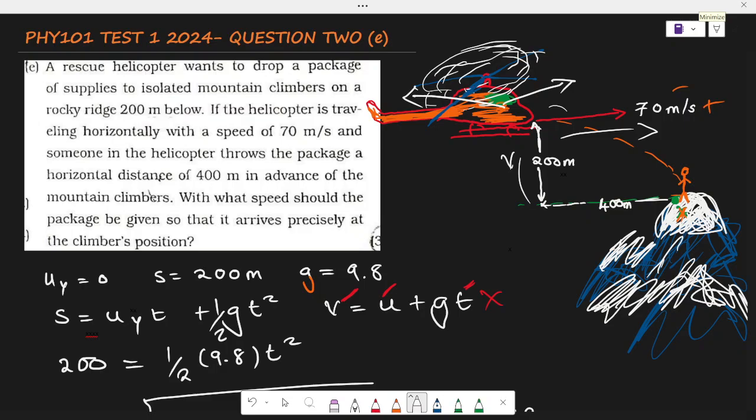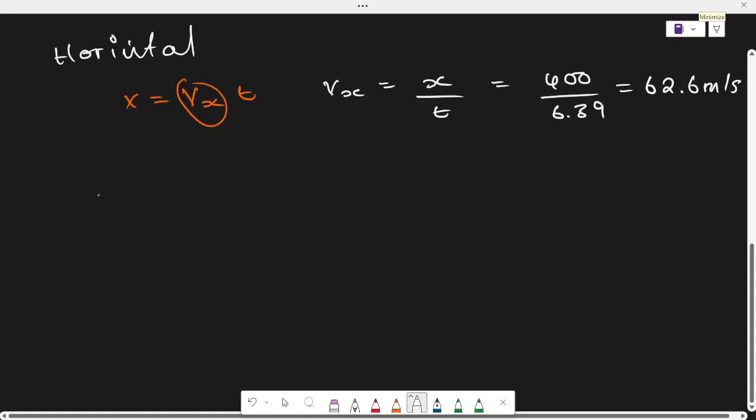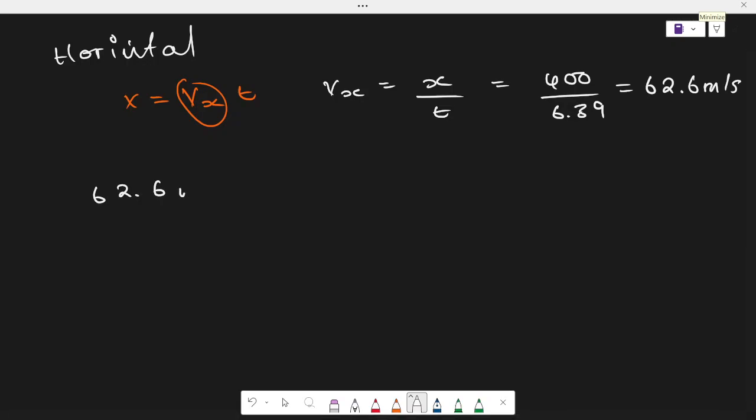And that is how we're getting a lower speed relative to the ground. So this speed that we have found, 62.6 meters per second, is relative to the ground.